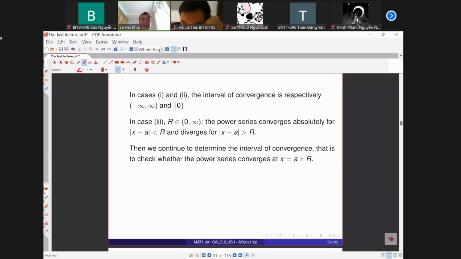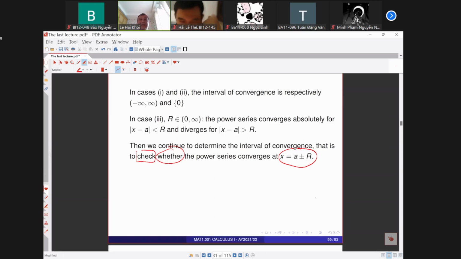That's why we have to check whether the power series converges at the endpoint or not. That's important. Otherwise, your interval of convergence is not yet determined. Okay, so pay attention.